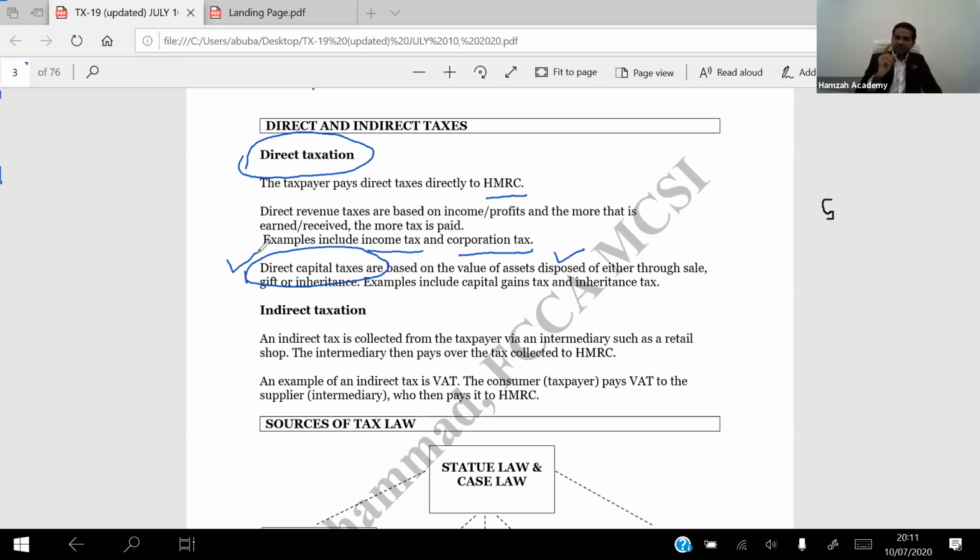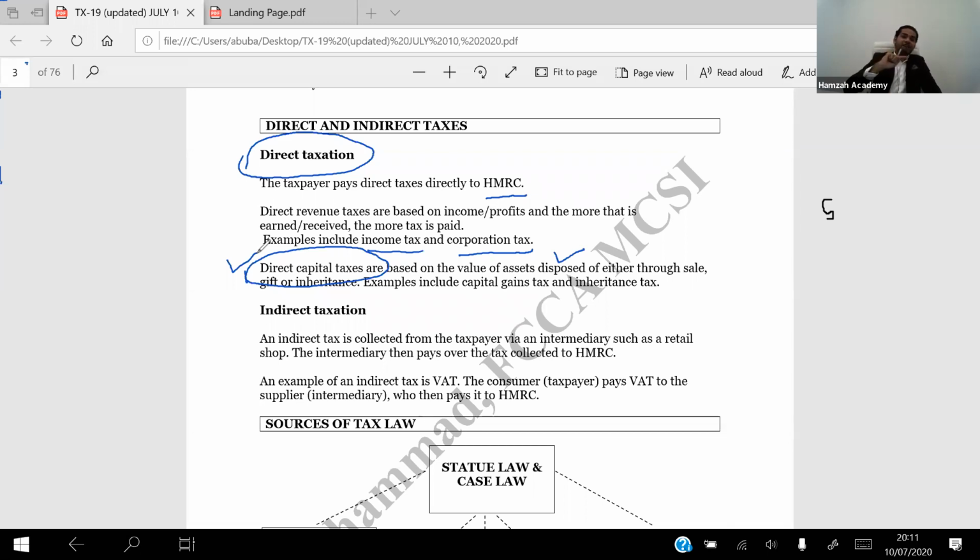Now, let me give you what is indirect, so there will be perfect clarity. Just remember these words: I, being an employed person, am liable to pay my income tax to HMRC. Now, what is indirect tax?